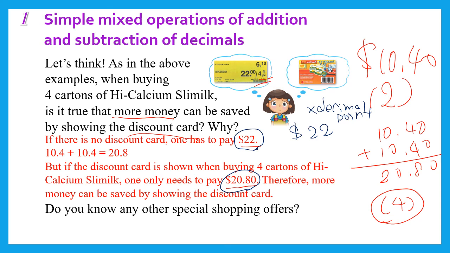If you have a decimal point here, you have to write down up to the hundredths place. So this is $20.80, this is $22. Alright, there's a difference for these two.